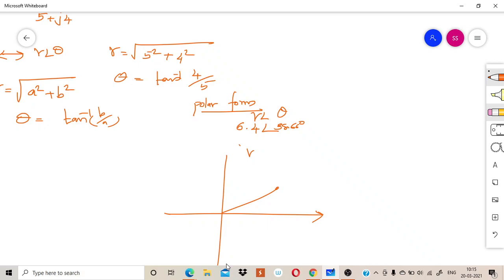Like this, we have the phasor, this is the magnitude of the phasor r, and theta, the phase angle, is this.